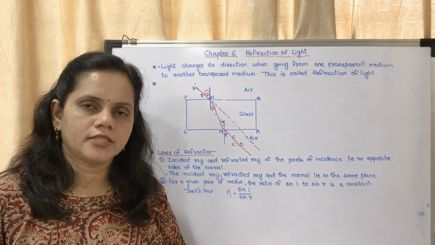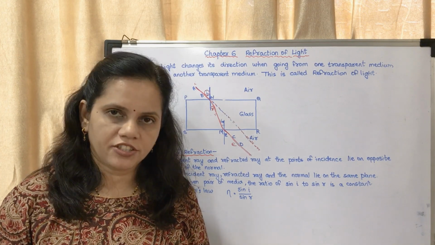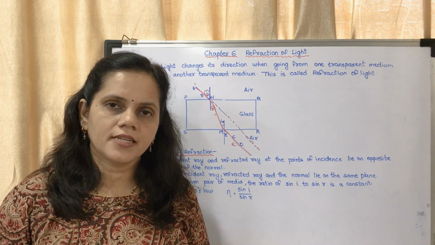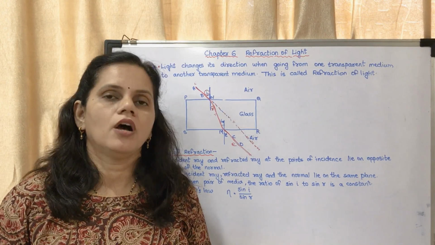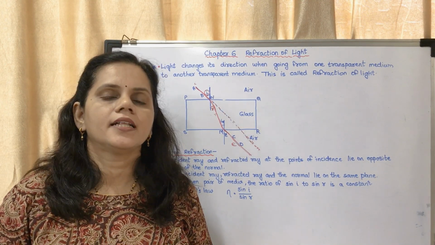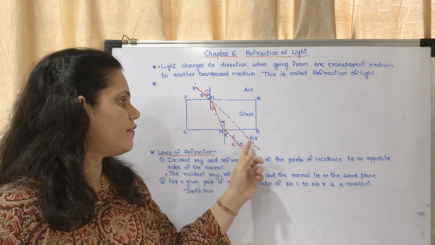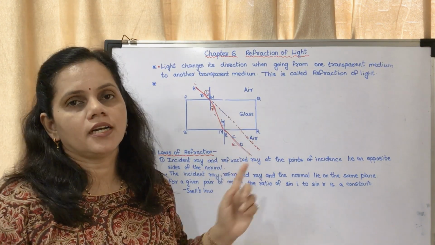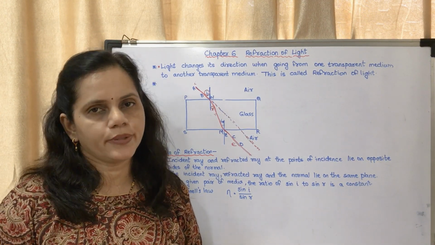Hope you have understood the terms incident ray, refracted ray, emergent ray, angle of incidence, angle of refraction and angle of emergence. What is the important property? The emergent ray will be parallel to the dotted line which is drawn.